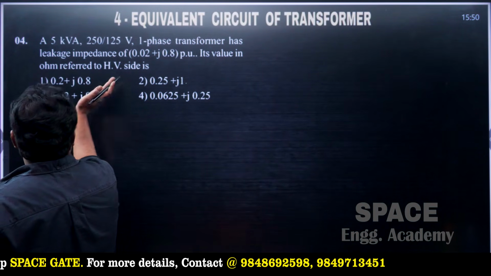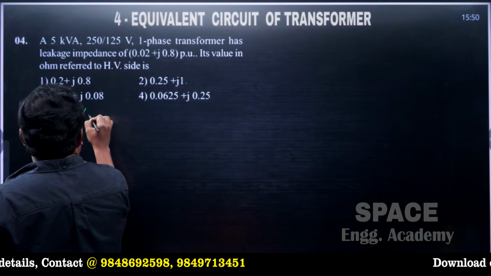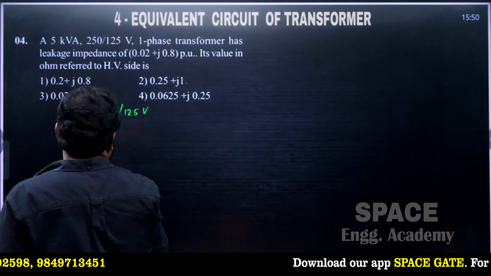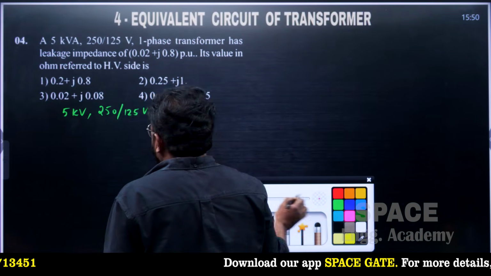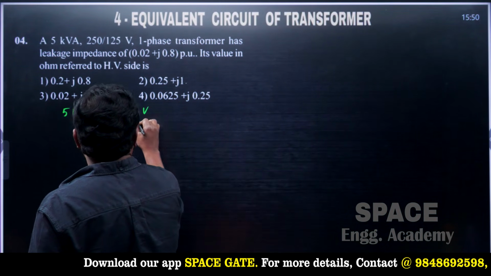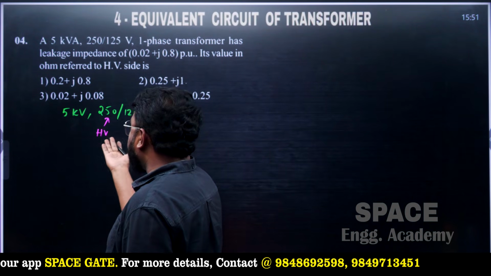So this is the power rating and voltage rating of the transformer. We require the value referred to the HV side. This is a 5 kVA, 250 by 125 volts transformer. This one is the HV side of the transformer, and this is the LV side. The HV side we can call the primary side.